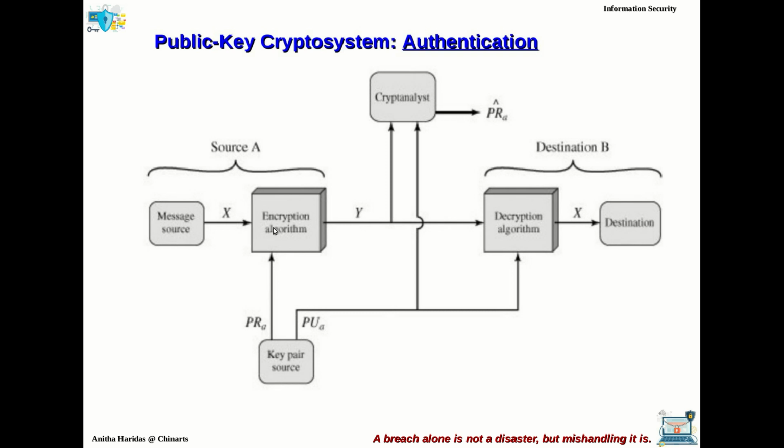He will be encrypting the message with the private key, and then the message and the signature will be sent to the receiver. The receiver will be decrypting the message or the signature using the public key. This is how the authentication process is done in the public key crypto system.